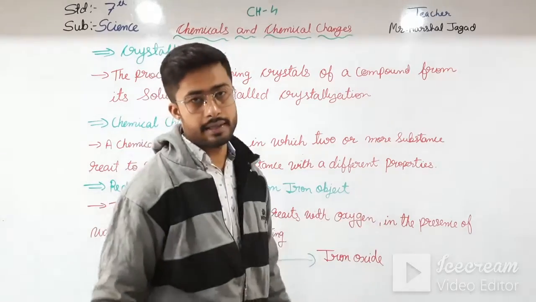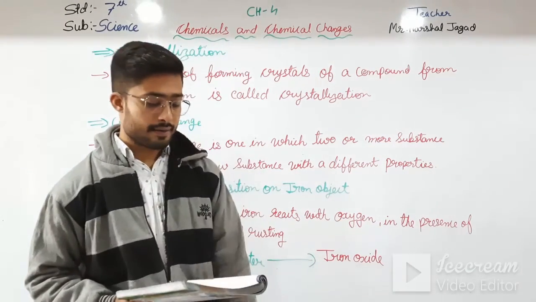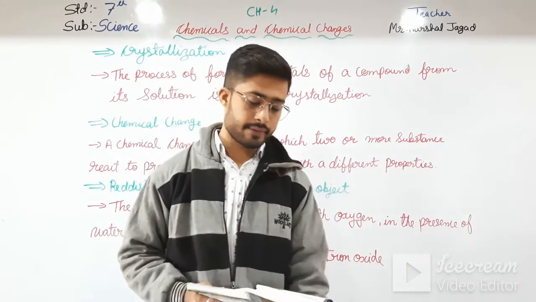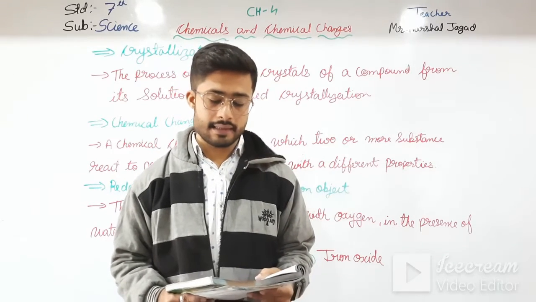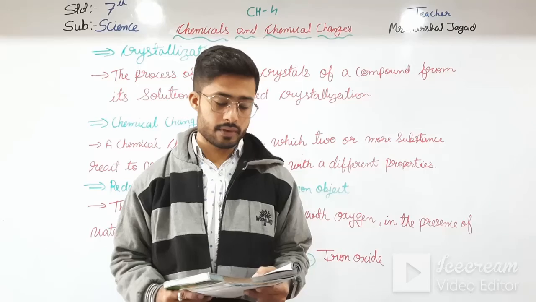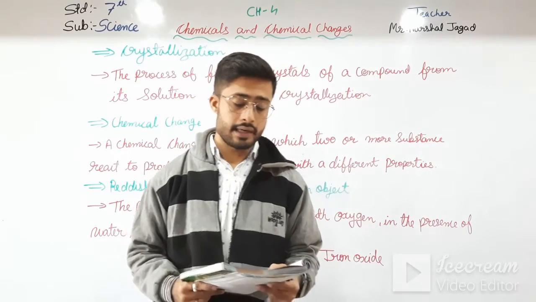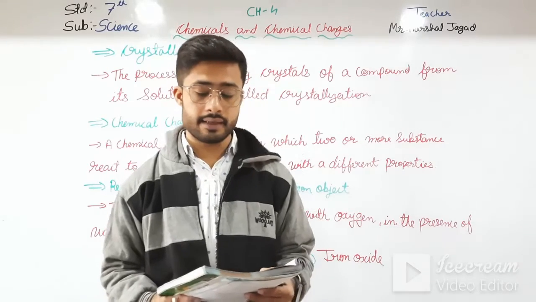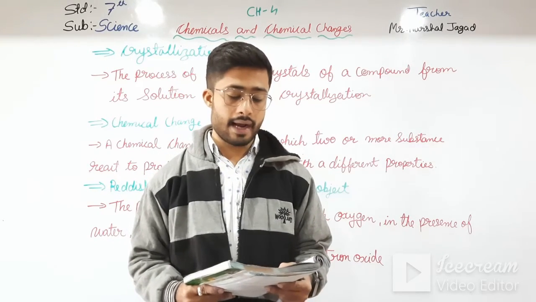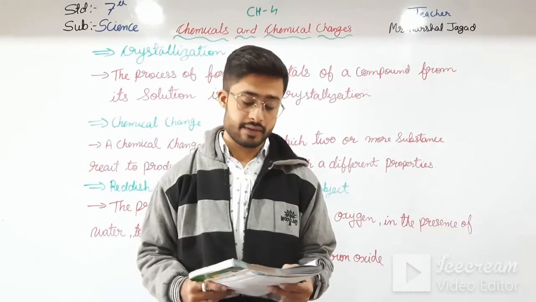Rust is actually a flaky substance that does not stick to the iron object. As such, the iron gets exposed to further rusting. In the course of time, the iron object becomes weaker as more and more iron gets converted to rust.